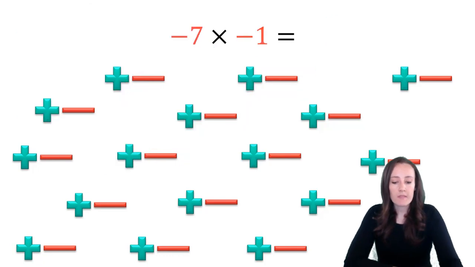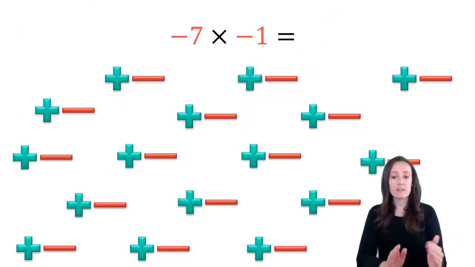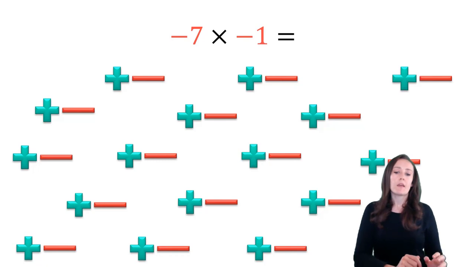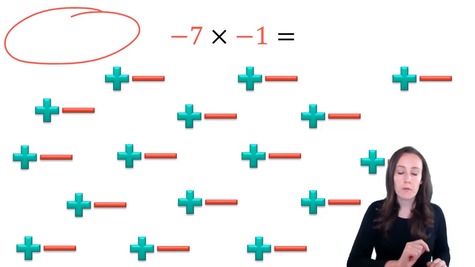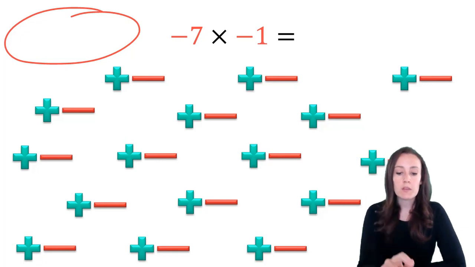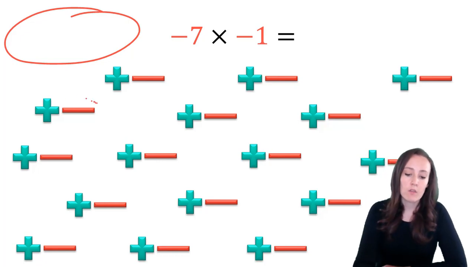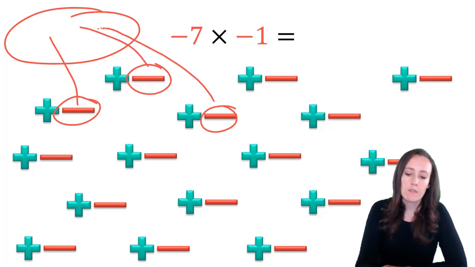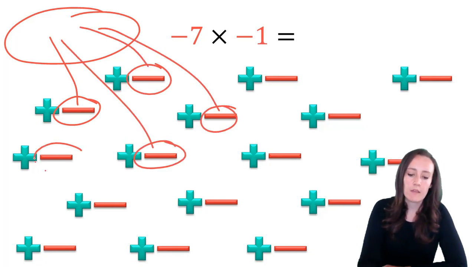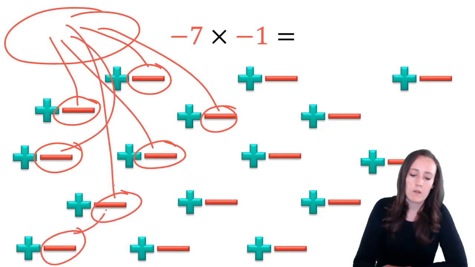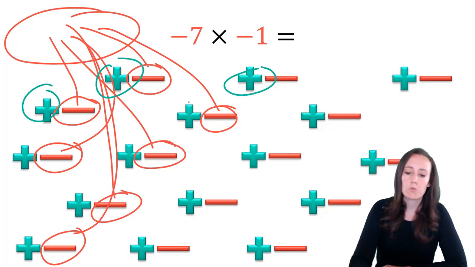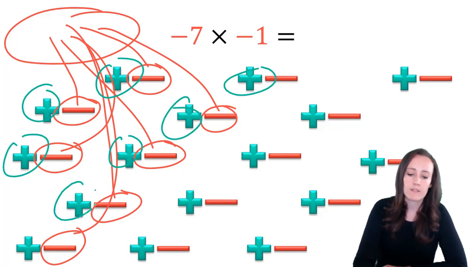This would be the same case if I had -7 times -1, because the -1 would tell me that I'm going to take out one group, and in this group I'm going to have 7 negatives, which means I'm basically going to take out 7 of these, which means I now have 1, 2, 3, 4, 5, 6, 7.